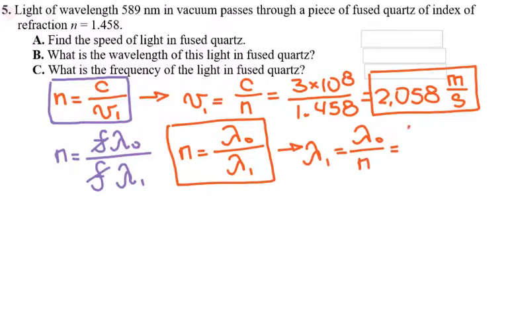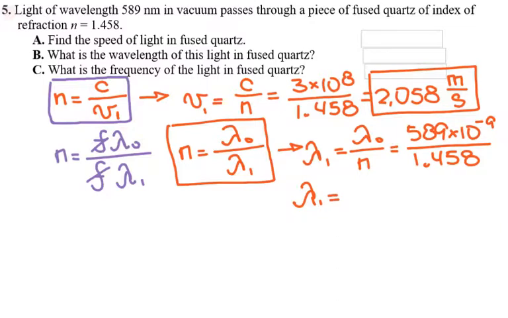That is 589 nano, meaning 10 to the negative 9, divided by n, which is 1.458. So the wavelength in the fused quartz is going to be equal to 403.98 nanometers.